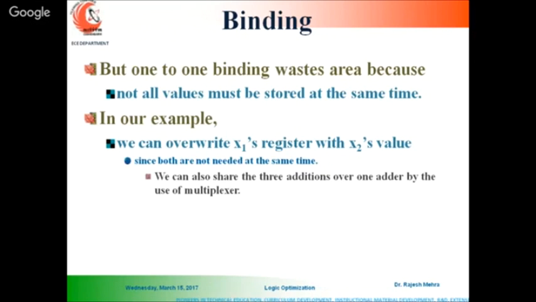because not all values must be stored at the same time, and not all the values are required at the same time, right? So initially you have allocated resources, means your binding is one-to-one. Now you have to take care of resource allocation. We have to find out redundant resources. Redundant resources means those that can be avoided if you can save some resources.